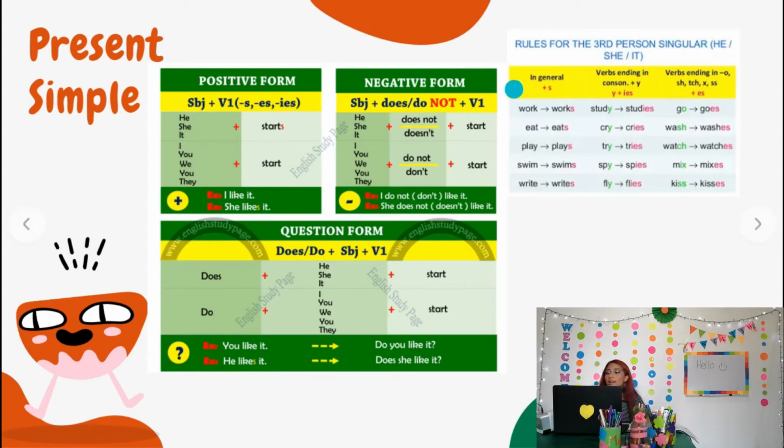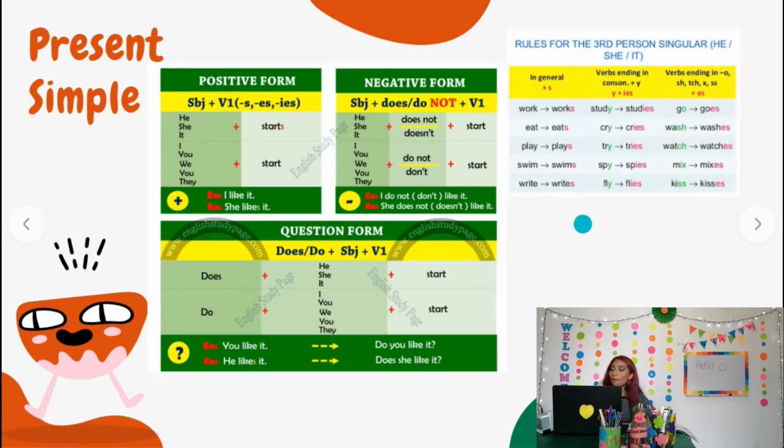And there are some rules when we use a verb with a third person. For example, work will be works. Eat with a third person will be eats. Play, plays. Swim, swims. Write, writes.